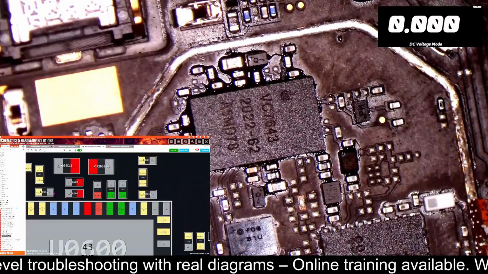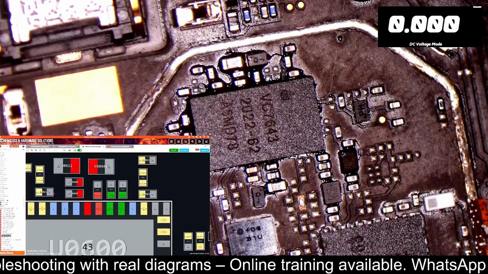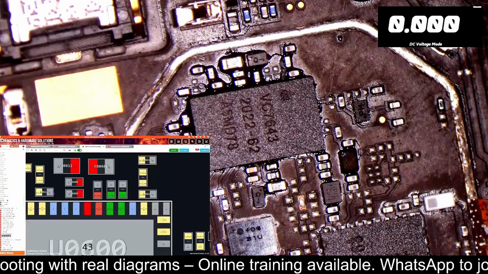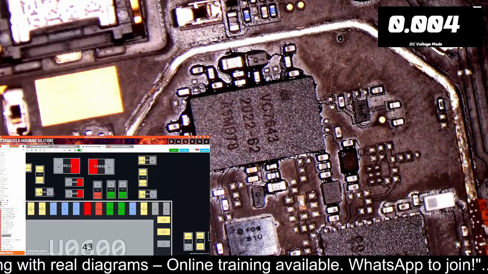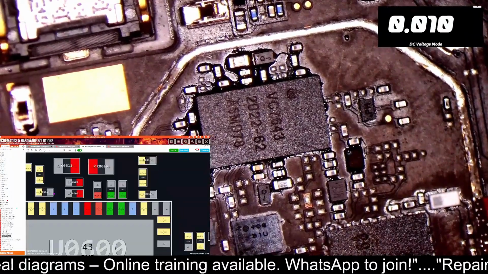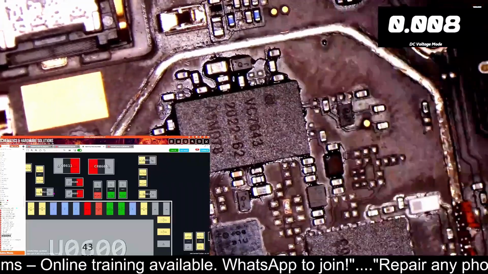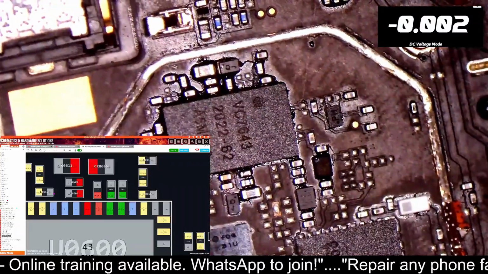We check 1 2 3 4 5 6, these two pins. Now we check the voltage on these two pins. Look at here, this capacitor.